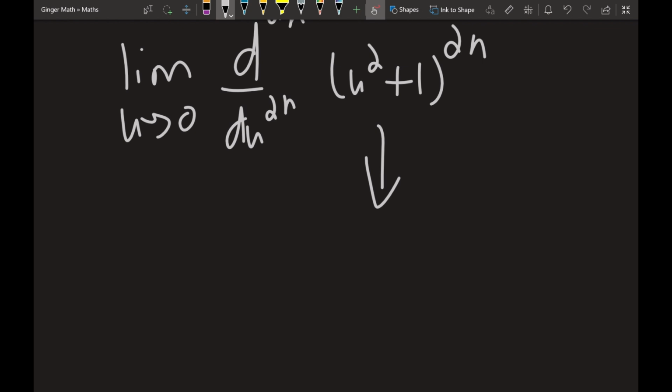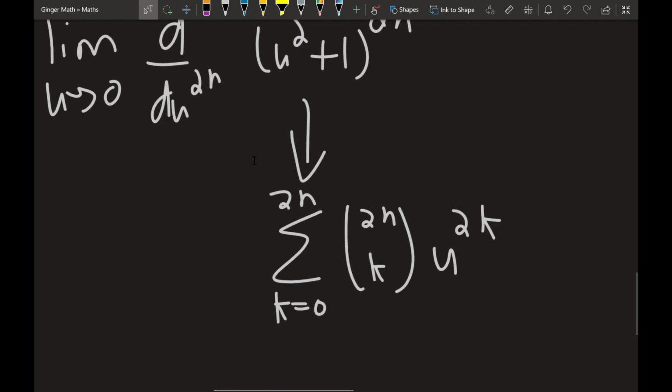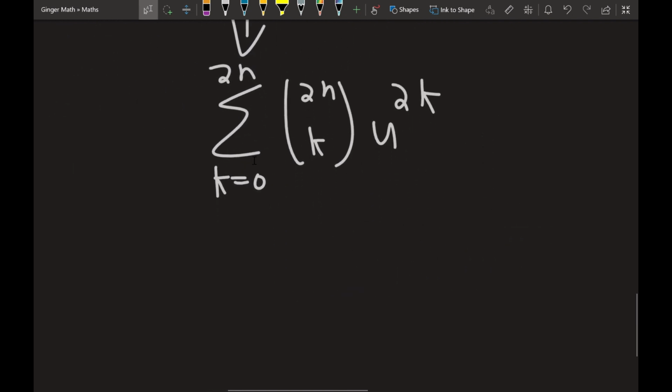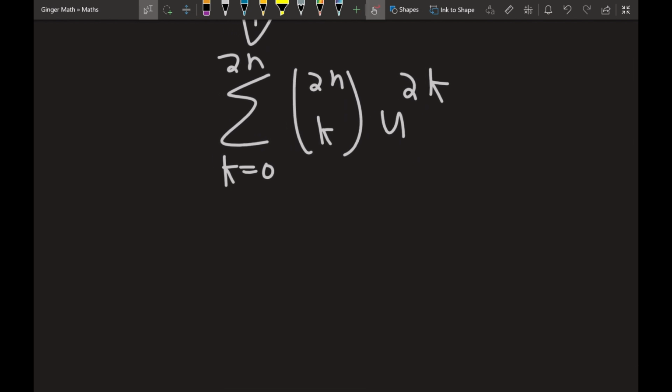So just expressing this in terms of the binomial theorem, this gives us the sum from k equals 0 to 2n of 2n choose k times u to the 2k. And now we need to differentiate this 2n times.